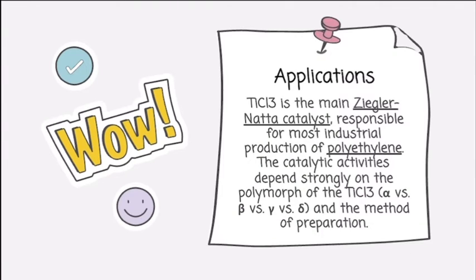Application. Titanium trichloride is the main Ziegler-Natta catalyst, responsible for most industrial production of polyethylene. The catalytic activities depend strongly on the polymorph of the titanium trichloride and the method of preparation.